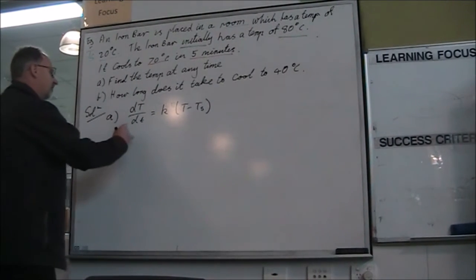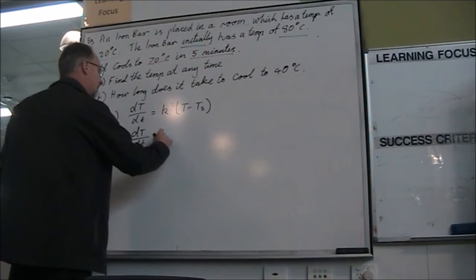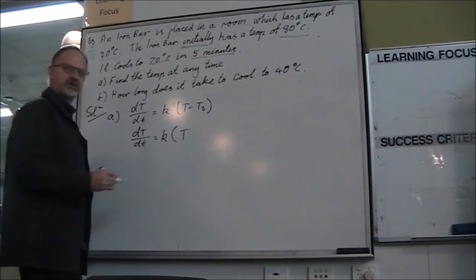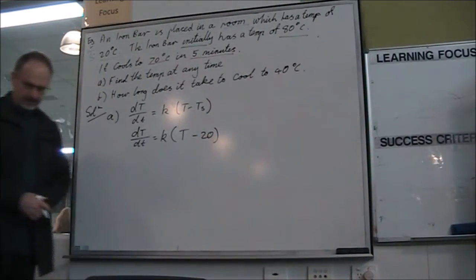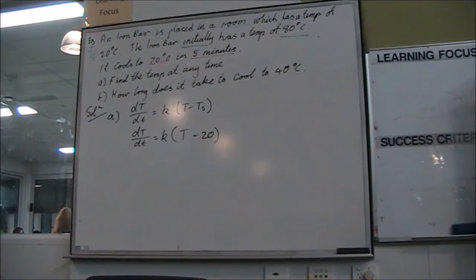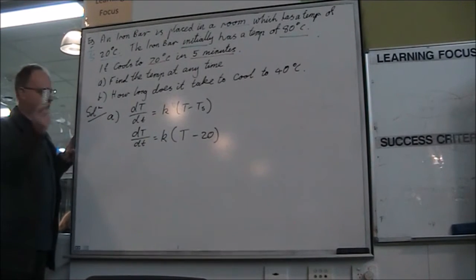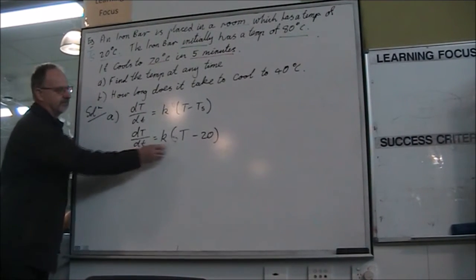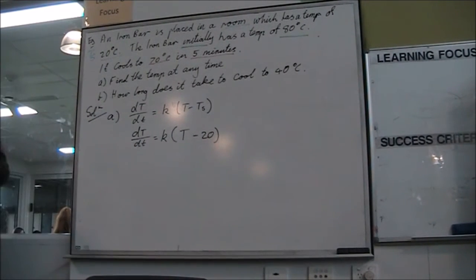So let's put in our information. We know the temperature at any time is k times whatever the temperature is, minus the surroundings, which is 20 in this case. All right, again, we've got the same situation we had in the previous example, and that is that our variable is temperature, and temperature's on the top, so I'm going to flip it.